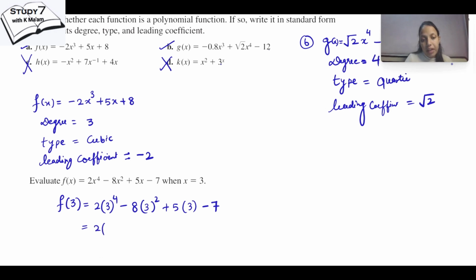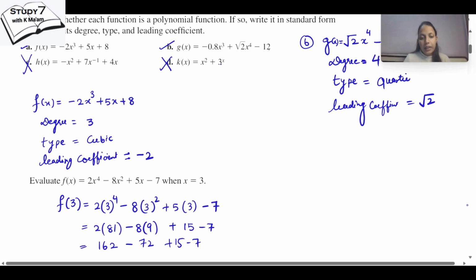You can simplify. 3 power 4 is 81, minus 8 times 9, plus 15, minus 7. You can solve it: 162, minus 72, plus 15, minus 7. And if you calculate, you will get 98 as the answer. Okay.